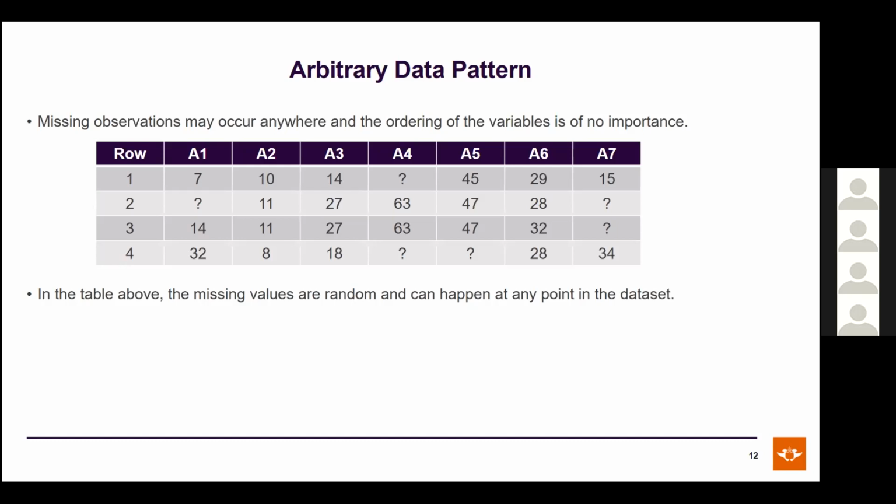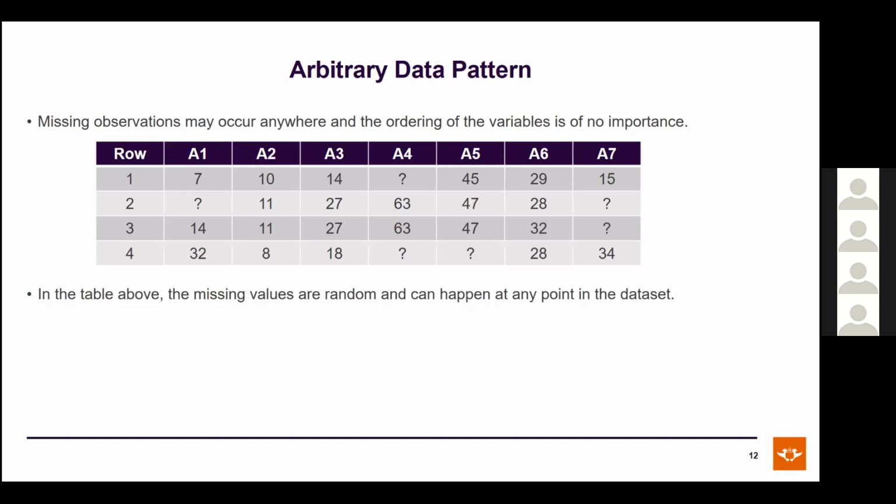Row 1, we're not looking at A4, so we have a different data sample. We're using different variables to come up with an outcome. Row 2, we're not using A1 and A7. So that in itself is different from row 1.